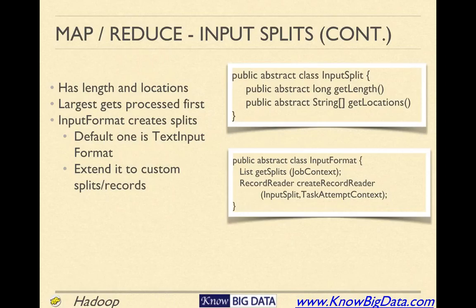That would solve a lot of problems. So my general recommendation is, if you have a special input format, try to convert that into an existing one. If not, then go ahead with creating your own input format.